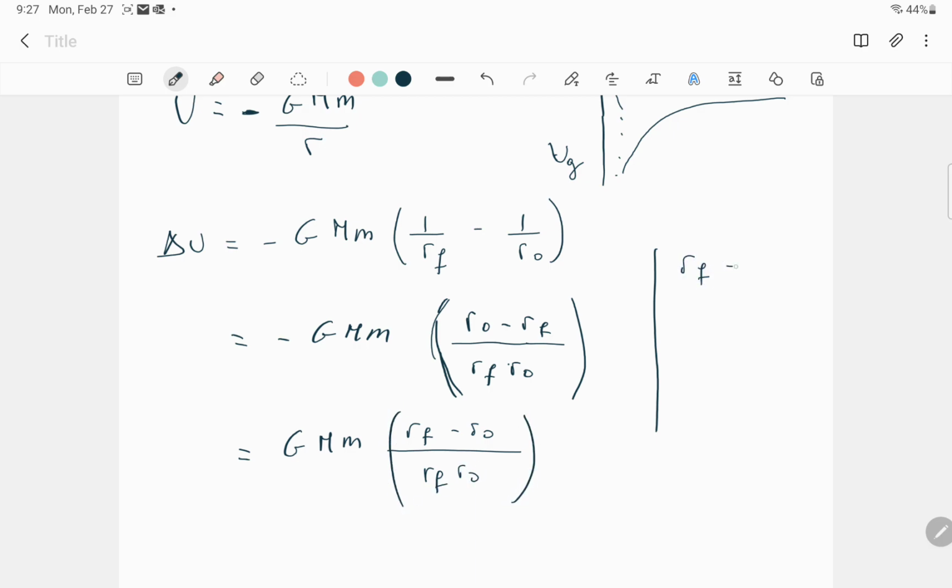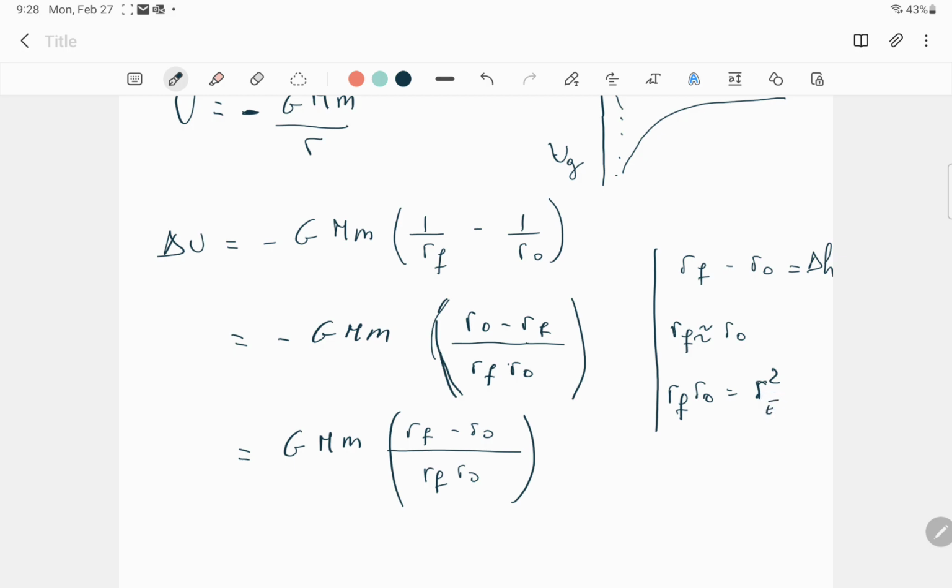But R final minus R initial is usually your delta H. If I consider the distances as basically the same, because we are at the surface of the Earth, then R final is almost R initial. My little height doesn't change much, so R final R0 is equal to R squared, and I will still call this the radius of the Earth.